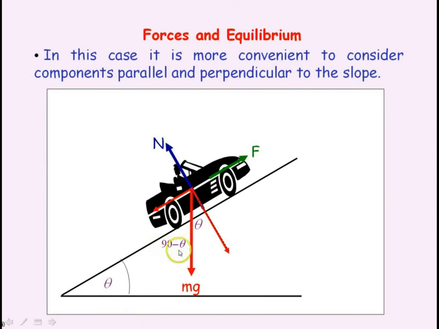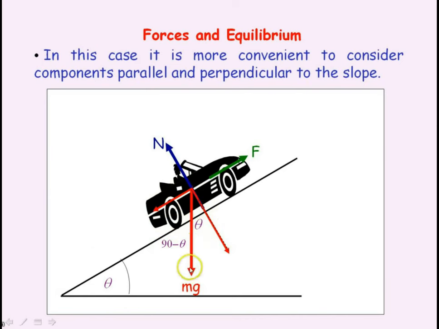This angle represents the angle between weight and its parallel component. And we know that the parallel and perpendicular components are 90 degrees away from each other. So if this angle is 90 minus theta, then the angle between weight and its perpendicular component must be theta.